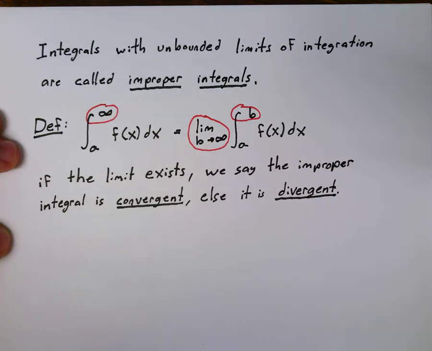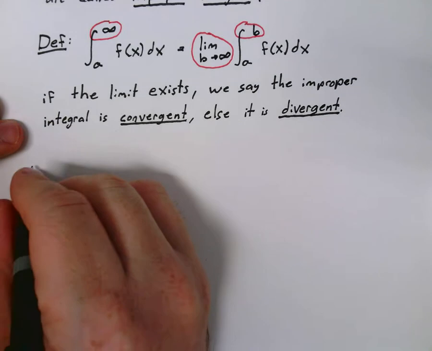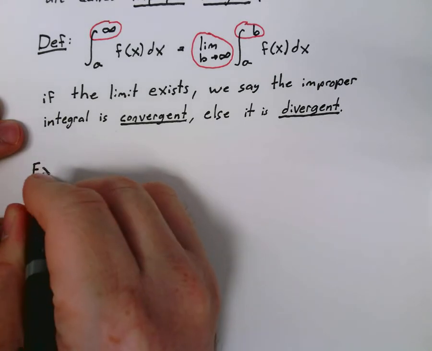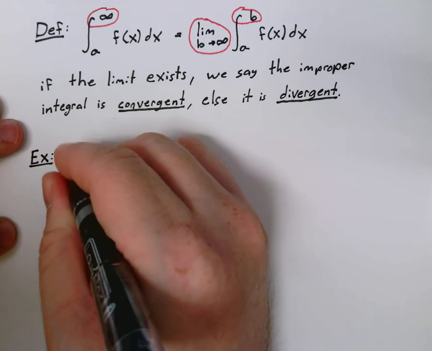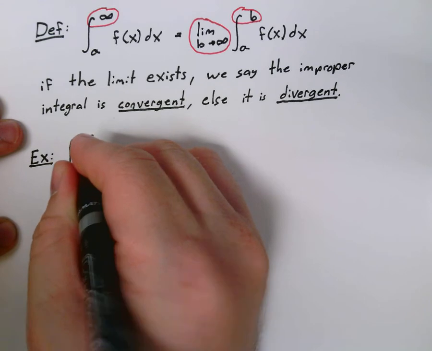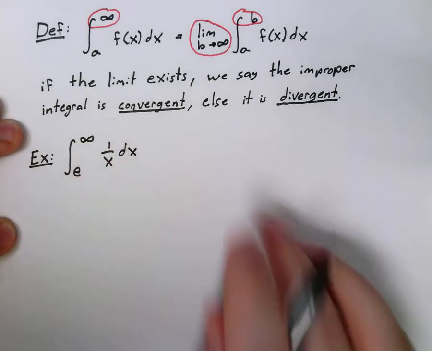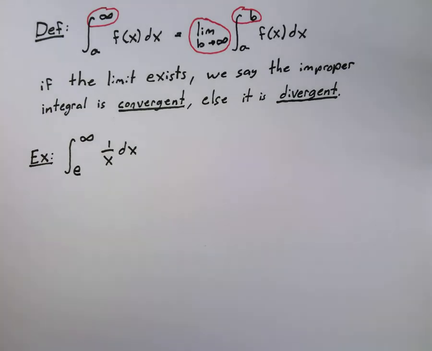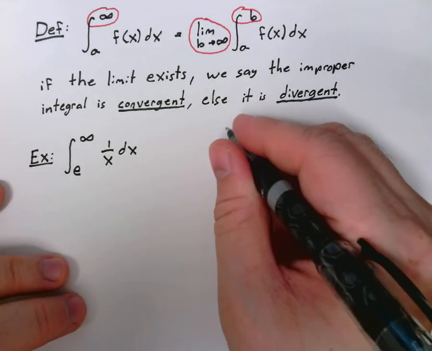Okay, so let's do an example. So let's consider the integral from, say, e to infinity of 1 over x dx. Now, it's always good to know what the picture looks like.